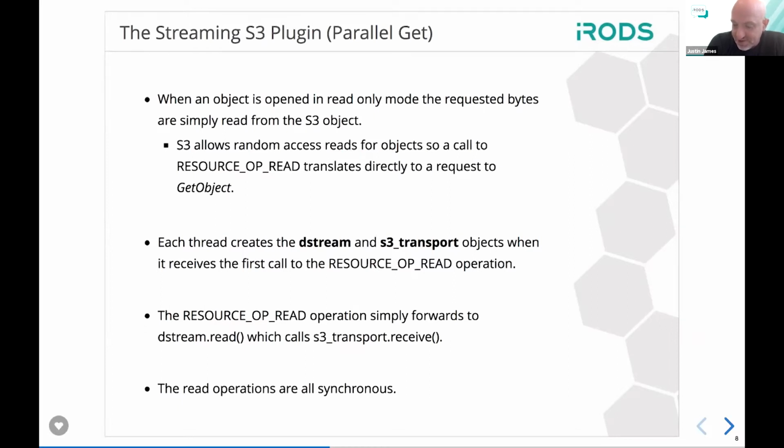Just like the put case, each thread will create the DStream and S3 transport objects to handle the transfer of data. These read operations are all synchronous as well. So when a read request comes in, it forwards it to the S3 transport object and waits until the data has been returned from S3 before it returns back.